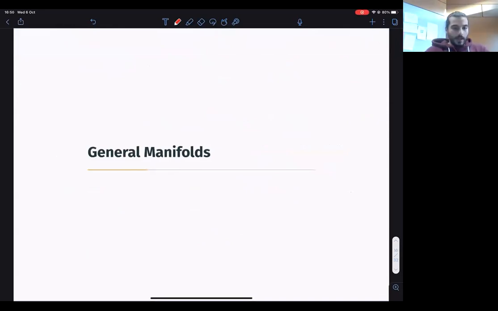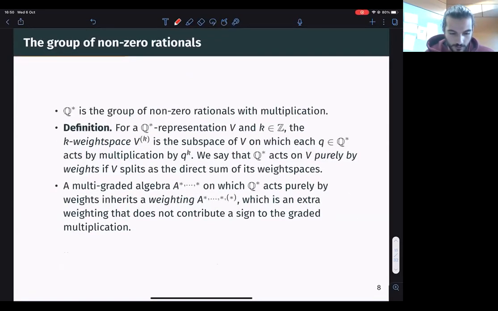Now I'll speak about a theorem that holds for general manifolds. First, let me define a couple of things that have to do with the group of non-zero rationals. I will denote it by Q star. Then I will think about representations of Q star. Let's say V is one.